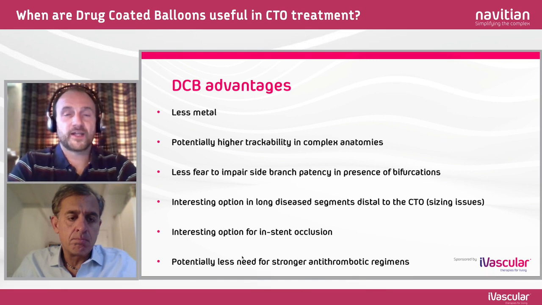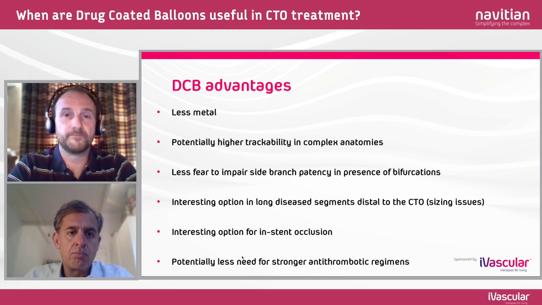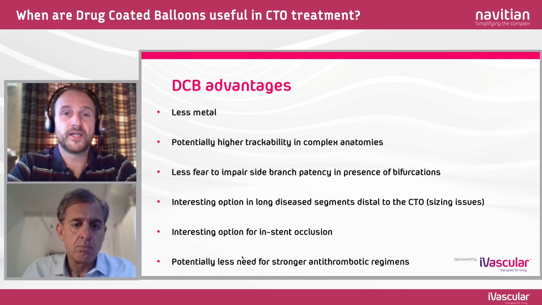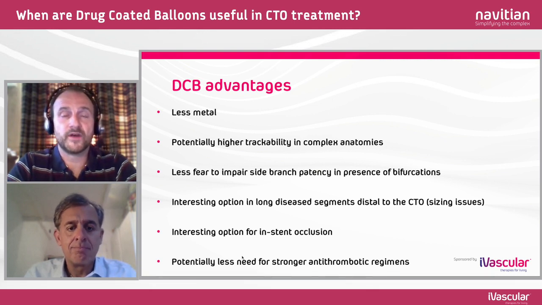And one last advantage of DCB in this setting is also the potential need for a shorter dual antiplatelet therapy. So we can consider to reduce the antithrombotic regimens, at least the length of the antithrombotic regimen, because we don't leave metal behind in the coronary artery, and that allows indeed potentially to decrease the duration of the DAPT.